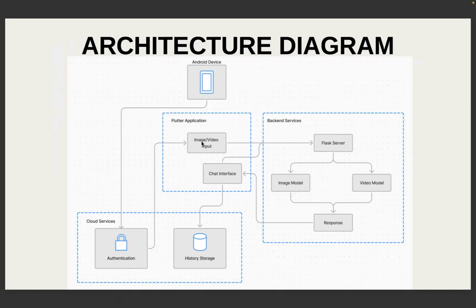The media picker screen lets you pick images or videos, which will be sent to the Flask server. You'll also send a chat, a question, to the Flask server, and depending on whether your media is an image or a video, a response is generated, and it'll be sent to the chat interface as a chat bubble.